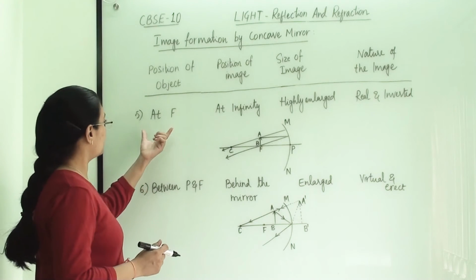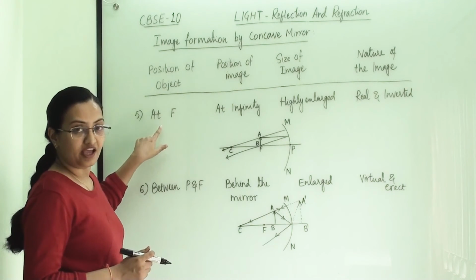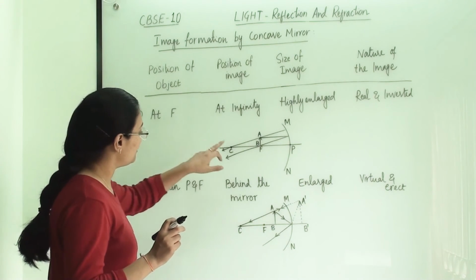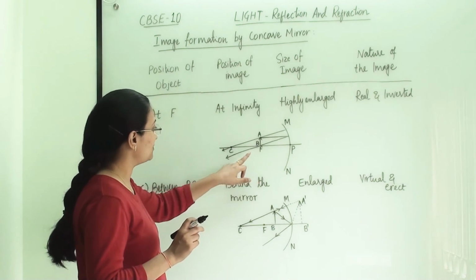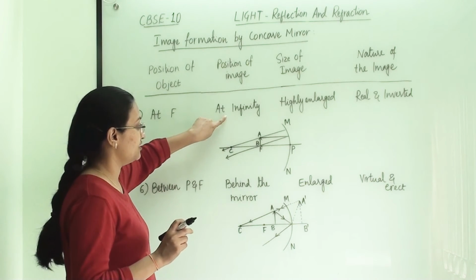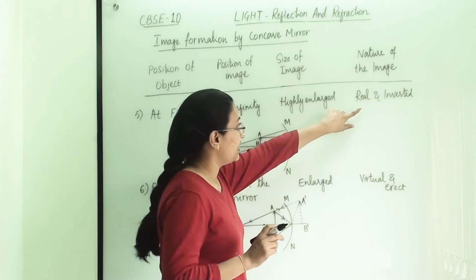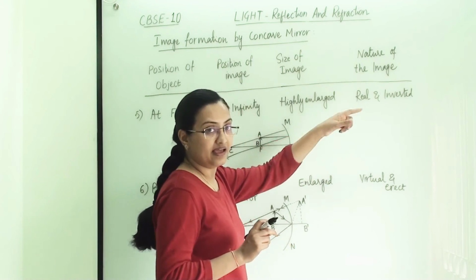The fifth position for the object is at F. F is the focus point of the concave mirror. When we keep our object at F, we will get the image at infinity. The image will be highly enlarged, and its nature will be real and inverted.